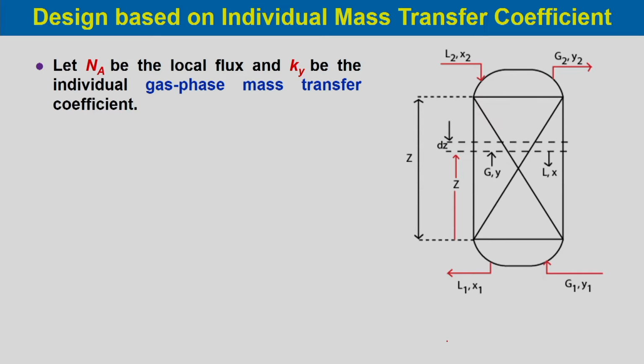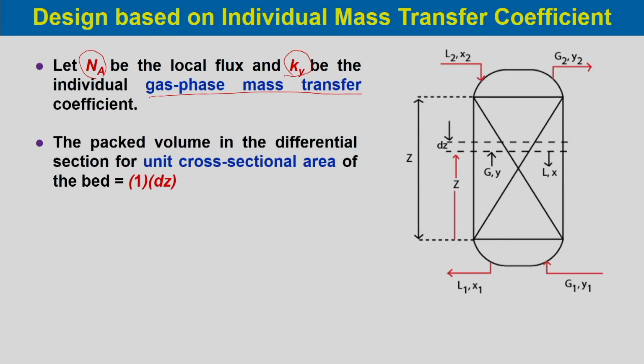Now, let Na be the local flux and small ky be the individual gas phase mass transfer coefficient. Then the packed volume in the differential section, for unit cross sectional area, is 1 into dz.